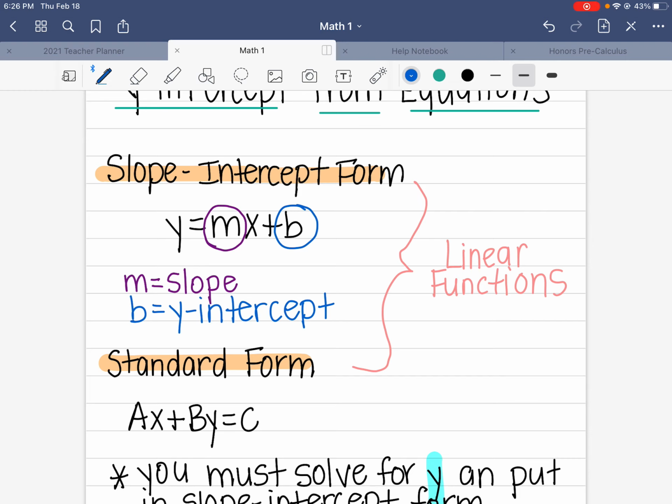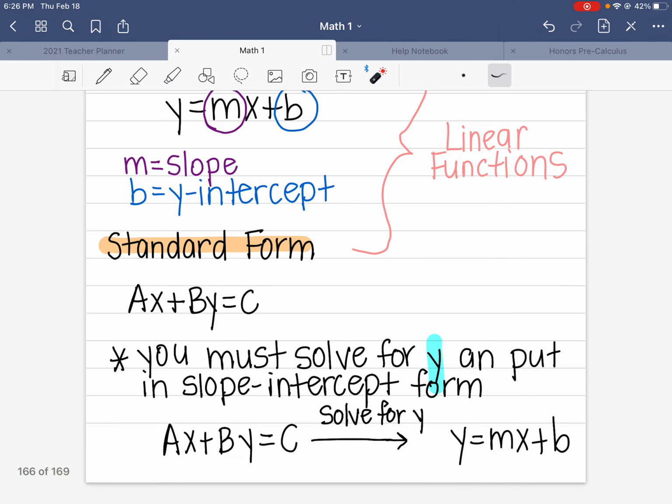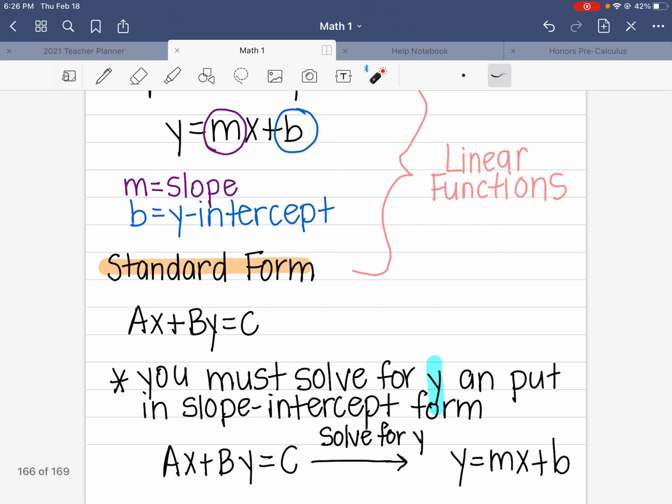It's called slope-intercept form for a reason, because it gives us the slope and it gives us the y-intercept. Now, the other form that you're going to see is called standard form. Standard form is ax plus by equals c, where a, b, and c are just numbers.